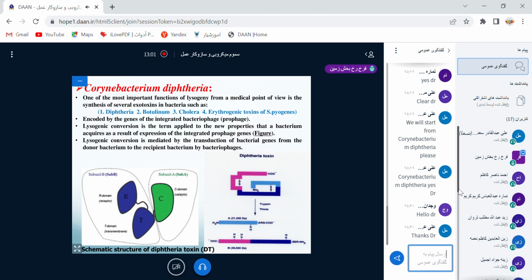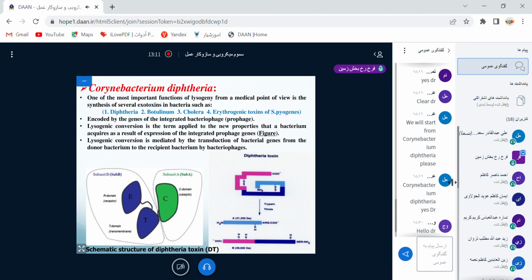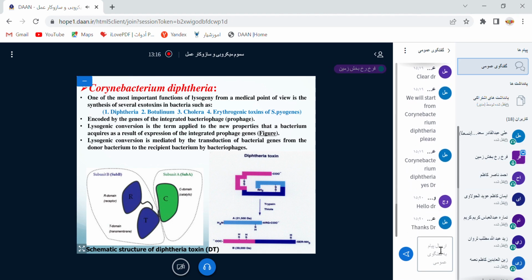Corynebacterium diphtheriae, as its name shows, is the causative agent for the disease of diphtheria. As you know, one of the most important functions of lysogeny. What is the meaning of lysogeny?